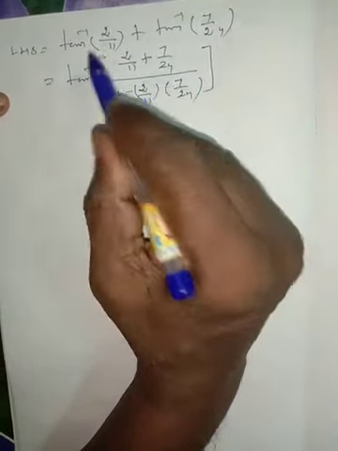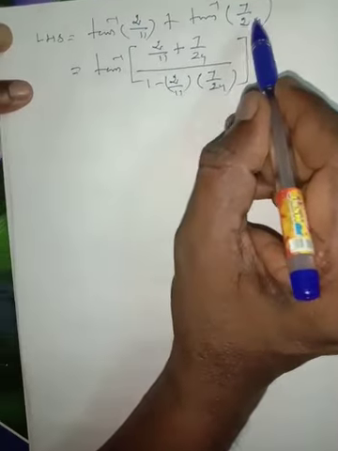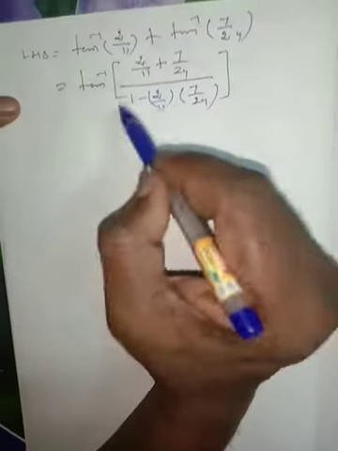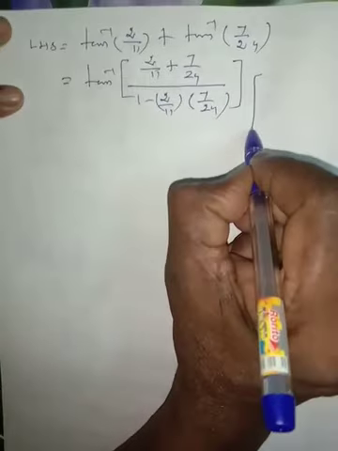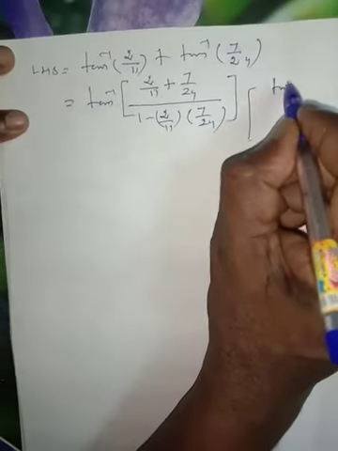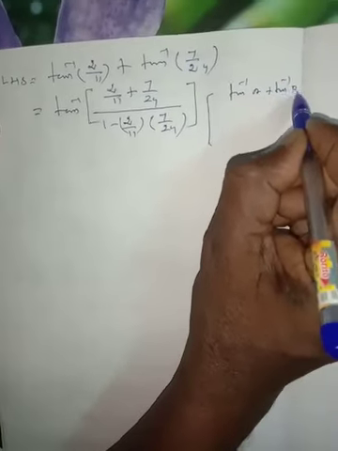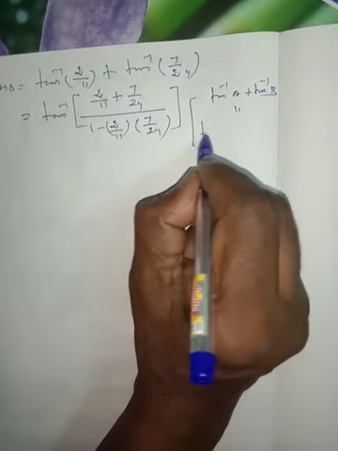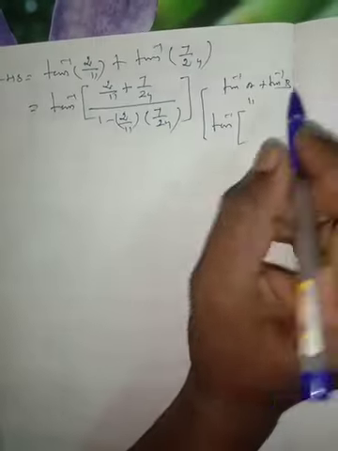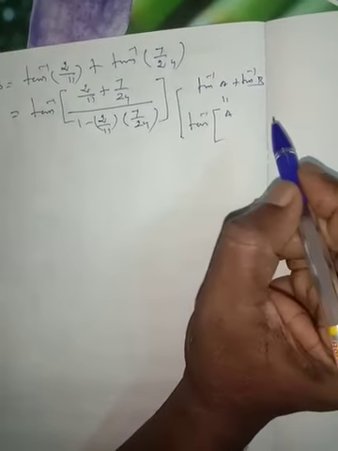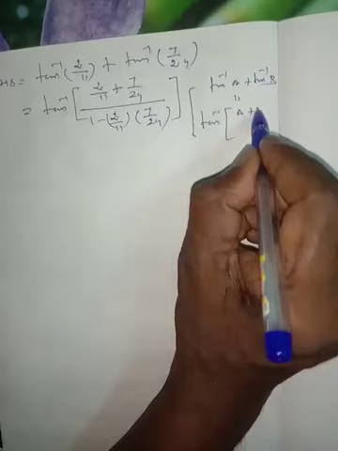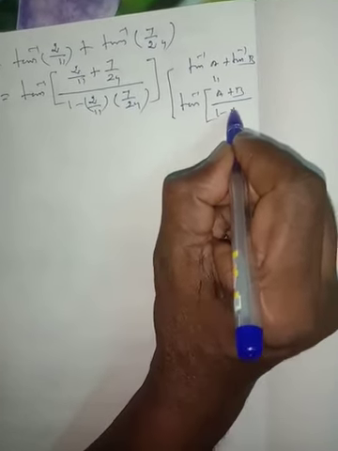Using the formula: tan inverse of A plus tan inverse of B is equal to tan inverse of A plus B divided by 1 minus AB.